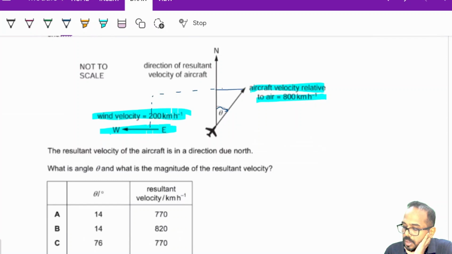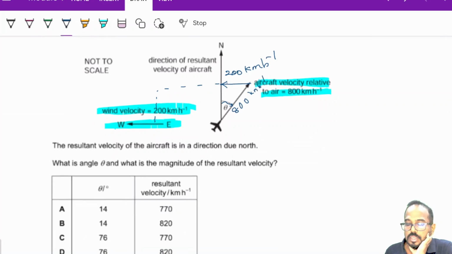Here, you can draw this is 200, right? Now you can use the triangle to find theta. This side is 800, this is the hypotenuse, right? Opposite side and hypotenuse are there. So you can find theta, right?